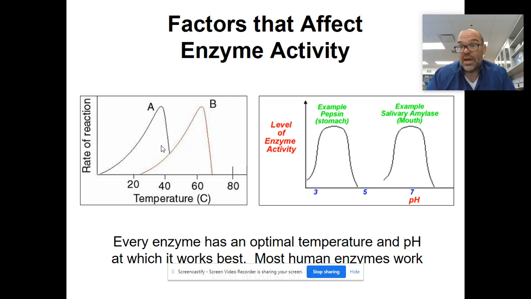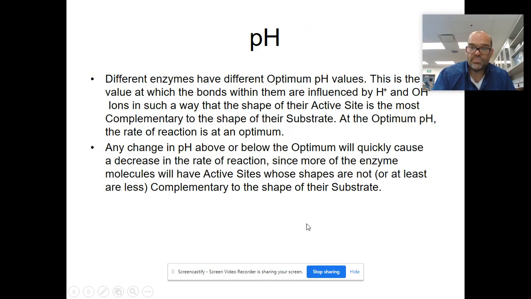Because those fish have adapted to live in 0-degree water. Okay, so that would be an example of where you would have enzymes that would have a lower optimal temperature. pH, like we said, most are around neutral. Pepsin is the exception there, right?